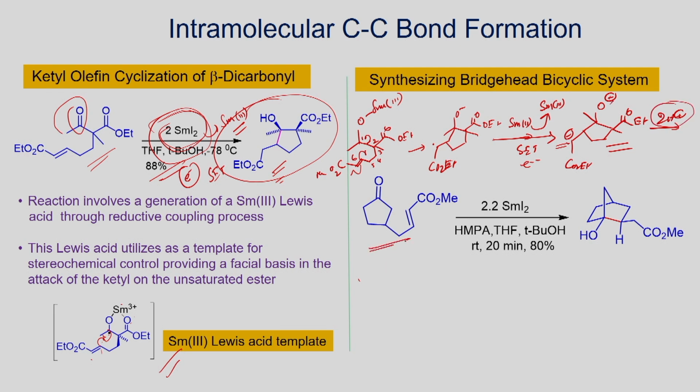Here another example is shown. Here also the intramolecular cyclization takes place. As we have just seen, samarium iodide can convert the carbonyl group into the radical anion by giving one electron.